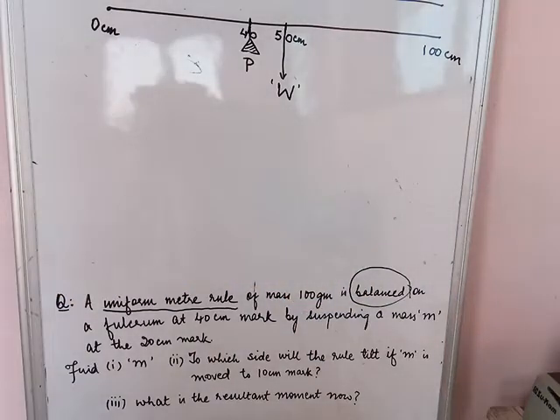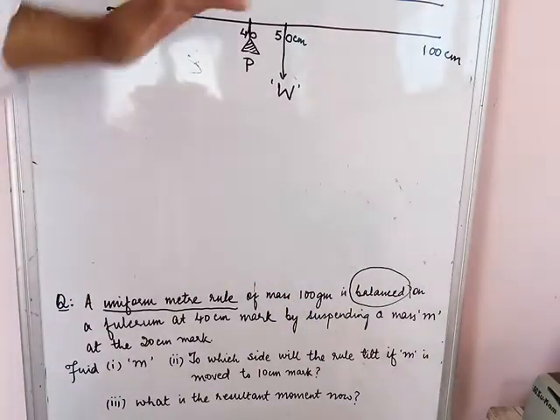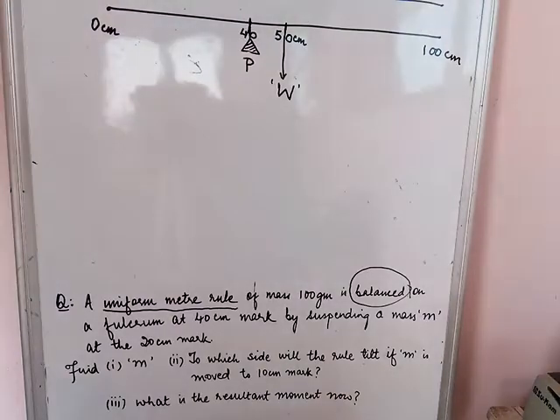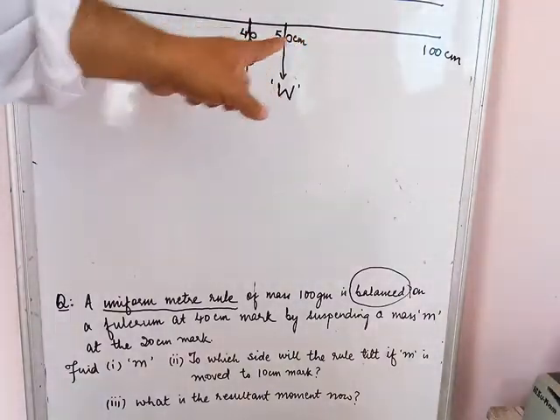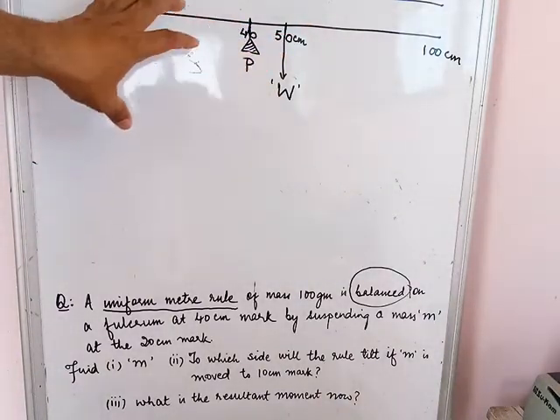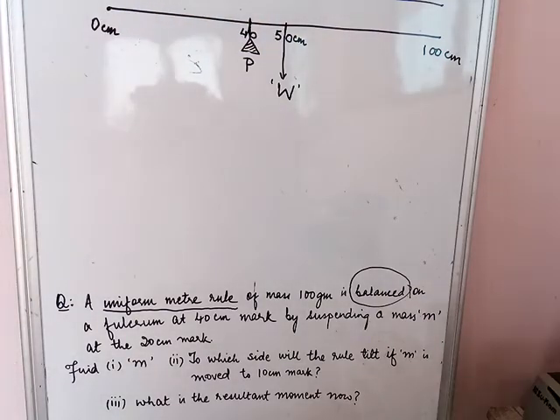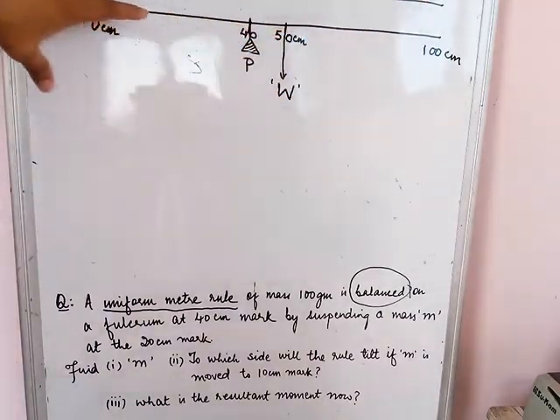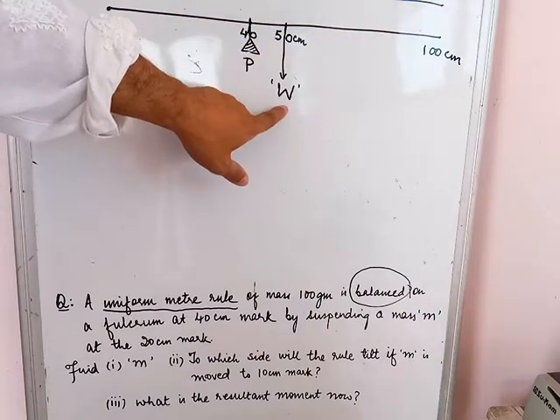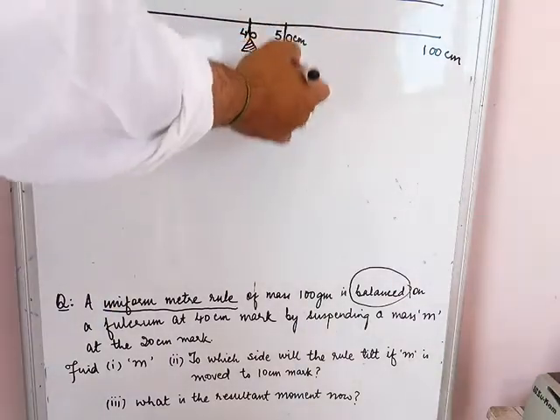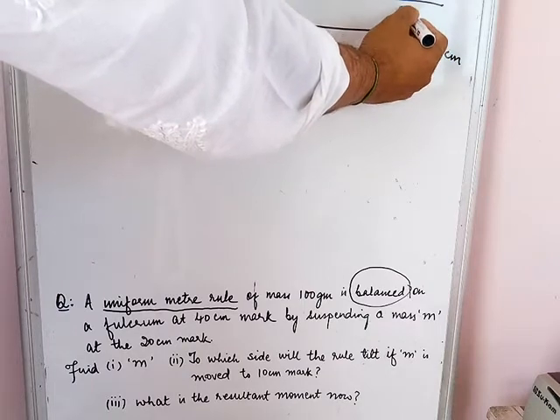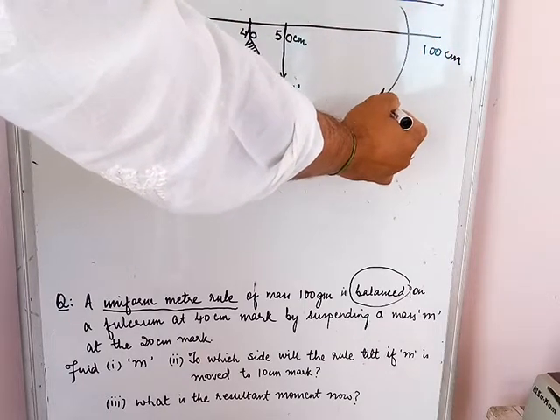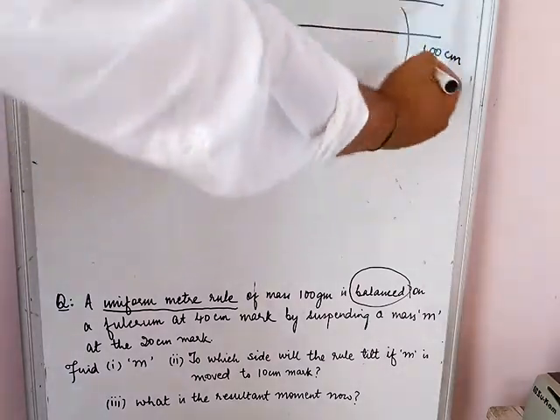That means it is neither tilting to this side nor tilting to the right hand side. But as of now, please have a careful look at this setup and tell me if you see two forces acting. I don't see two forces acting. I only see one force, which is because of the weight of this ruler acting over here. This weight of the ruler is obviously going to try to tilt the ruler in a clockwise direction.